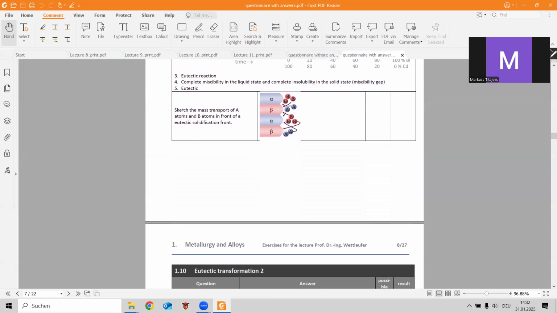Sketch the mass transport of A atoms to B atoms in front of a solidification. Yes, alpha, beta, zero. So A to alpha and B to beta.